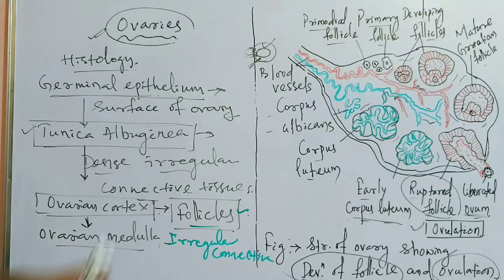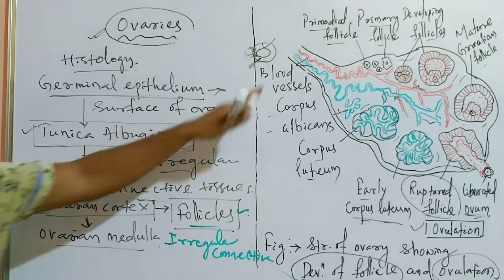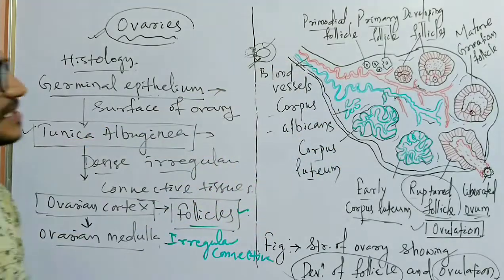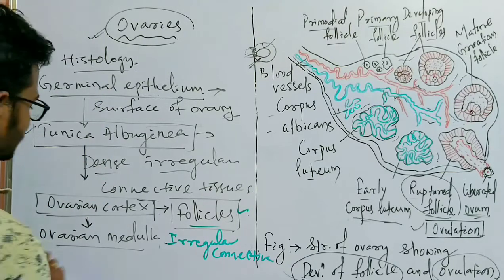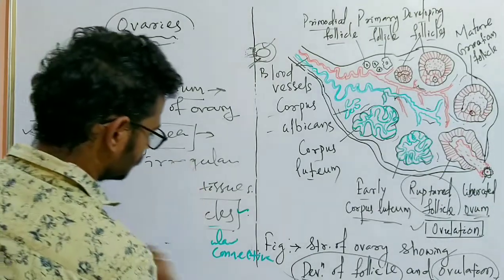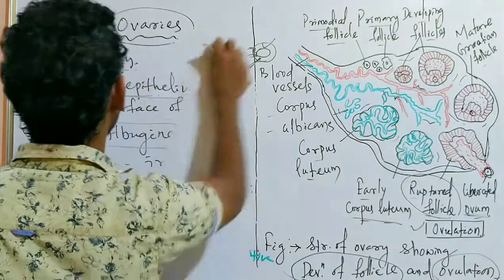So here the ovarian follicle consists of oocytes in various stages of development, plus the cells surrounding them. Here we can see the cells surrounding these Graafian follicles. When the cells are of a single layer, they are called follicular cells. Let us know what the cells surrounding the follicle are.